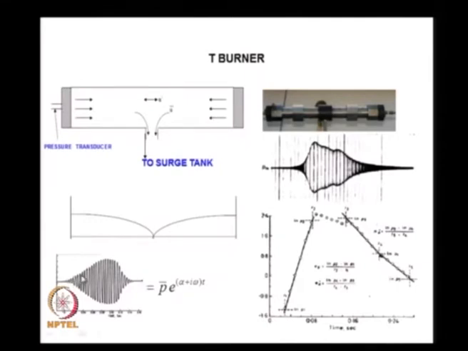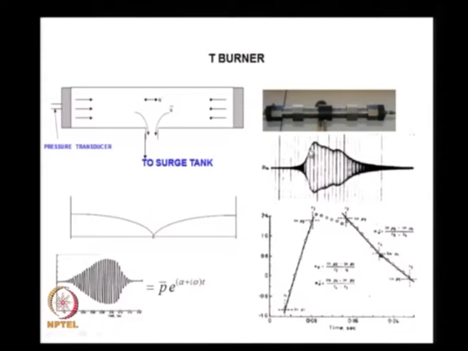In other words, the waves grow in amplitude and thereafter the waves decrease in amplitude, and this I show in this particular figure. This is an experimental plot wherein this is your T burner, the propellants are kept at the ends, I have the surge tank mounted at the center, and this is the way the waves grow, reach a maximum value, and once the propellant has burnt out, the pressure amplitude decays down.